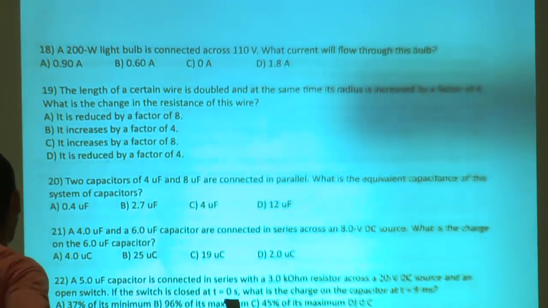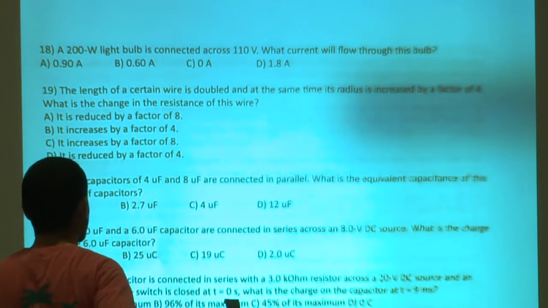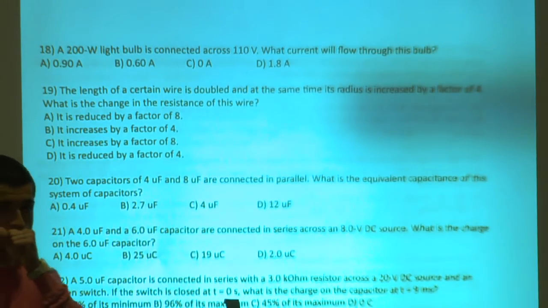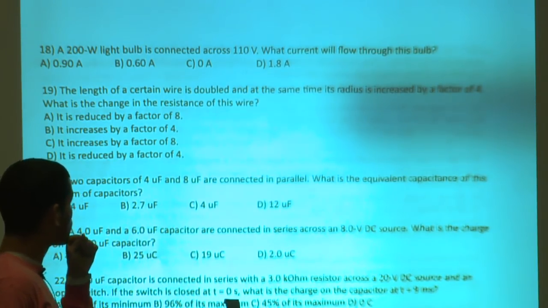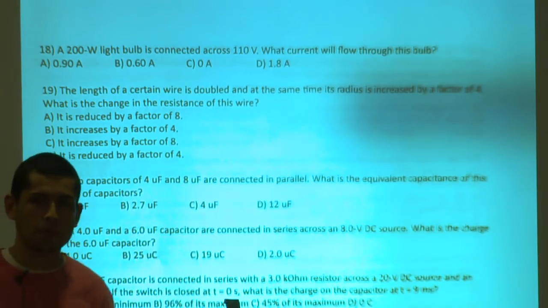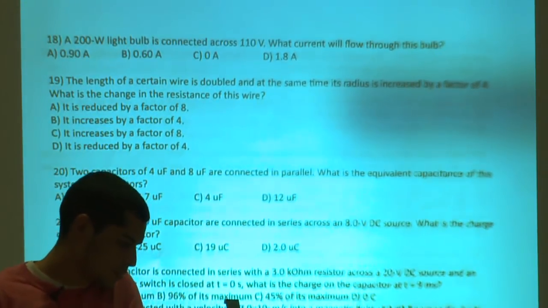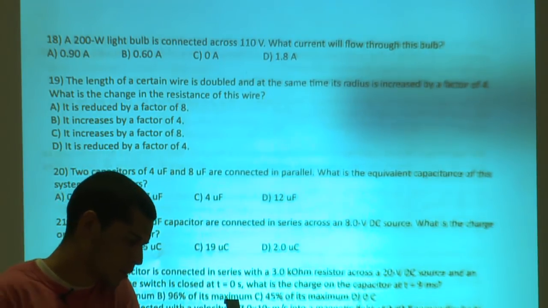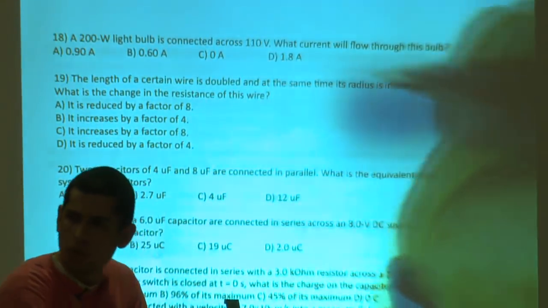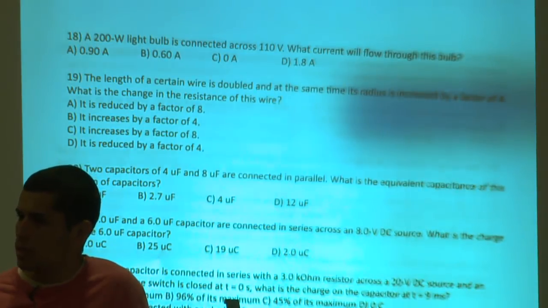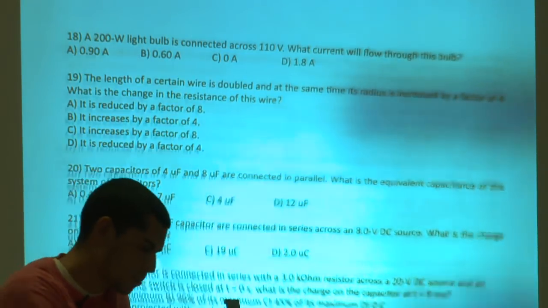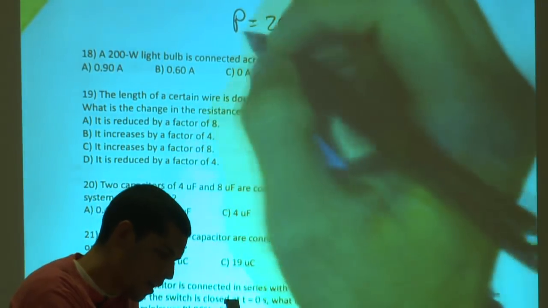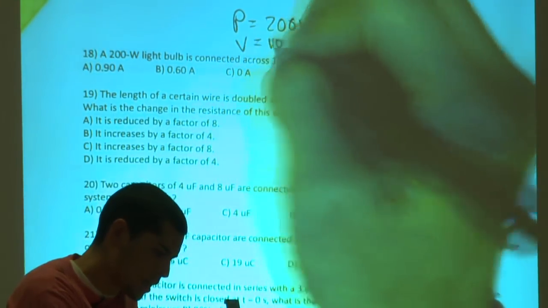A 200-watt light bulb is connected across 110 volts. What current will flow through this bulb? So we have a 200-watt light bulb. What's watts? What does that insinuate? Power, awesome. So power equals 200 watts, and then we have potential equals 110.